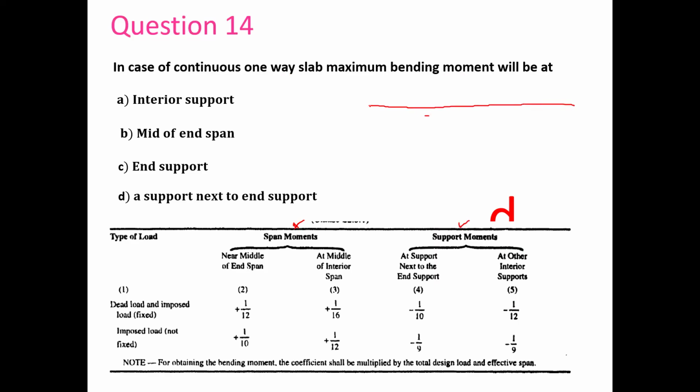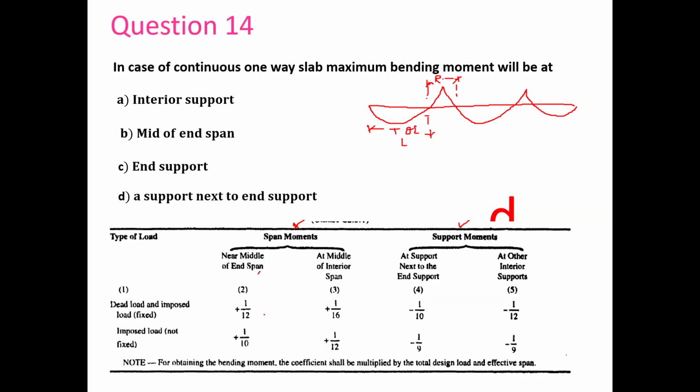You should be in a position to draw the bending moment diagram for a continuous beam. In this portion we have a rectangular beam, and in this portion a T or L beam. So, one-way slab.